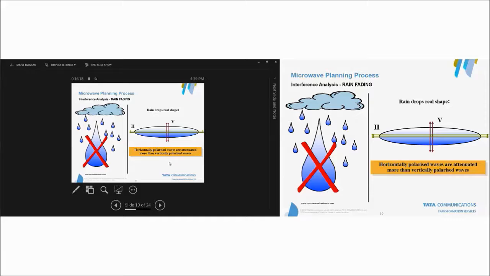The horizontal polarized waves are more attenuated or affected by the raindrops compared to vertical polarized waves. So care should be taken in planning: in most rain affected areas and in long distance hops, vertical polarization should be used instead of horizontal polarization.